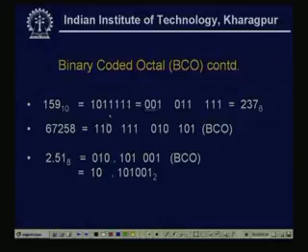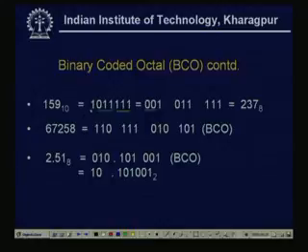We know that we have to take 3 digits together. If I start from the LSB side, from the right hand side to left, this 3 is grouped, this 3 is grouped, and see only 1 1 is left.